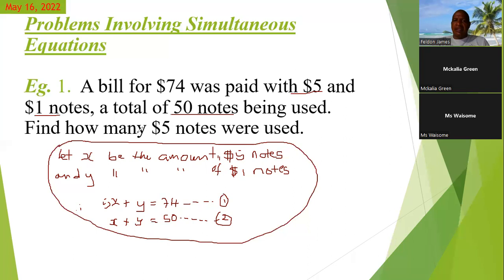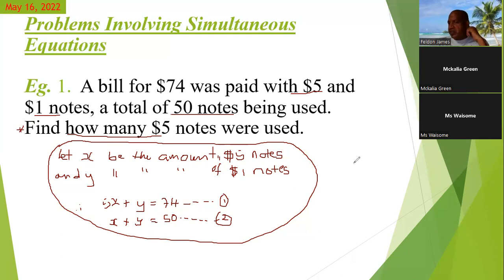Now, they said find how many $5 notes. But before you even go to finding how many $5 notes, you need to think about, do you know the number of $5 notes? And do you know the number of $1 notes? Or in other words, do you know the amount of $5 notes? And do you know the amount of $1 notes?